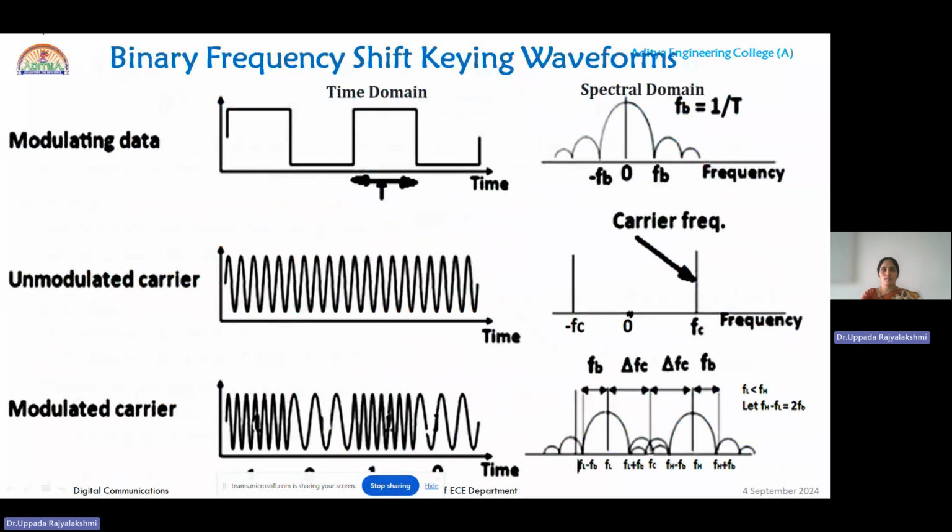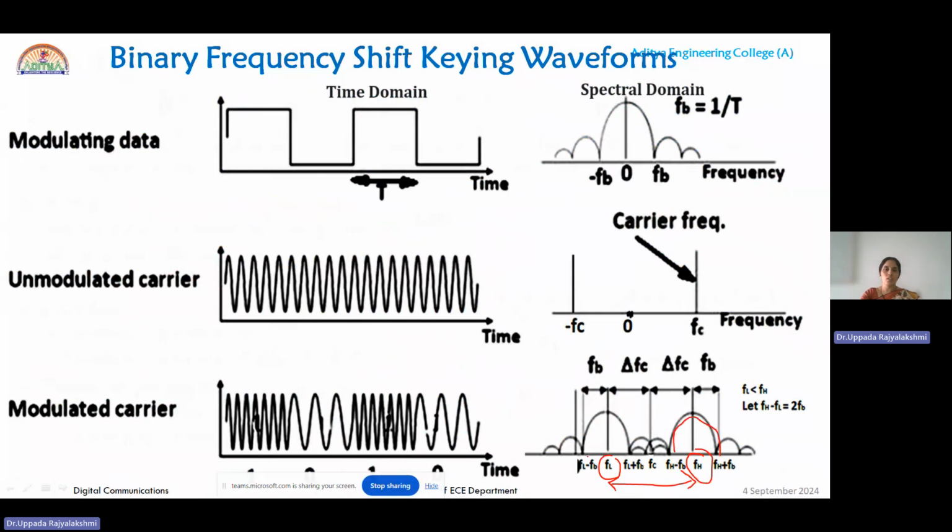This is the bandwidth evaluation, the same thing that we discussed for ASK, but here we have two frequencies, F_H and F_L. So now you are going to calculate the distance between F_H and F_L. We know that the message is distributed from F_H minus F_B to F_H plus F_B.